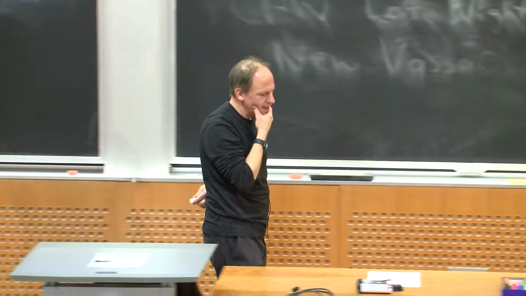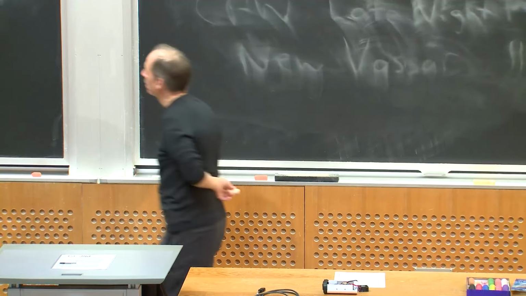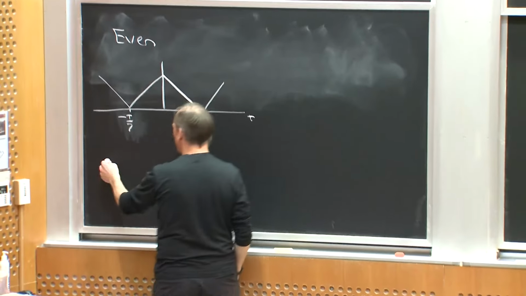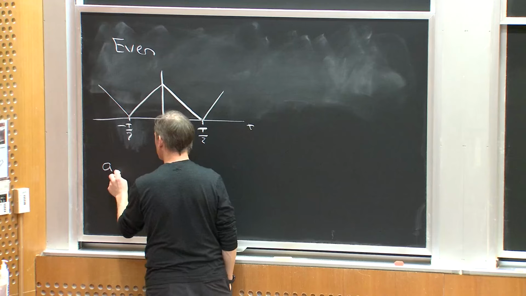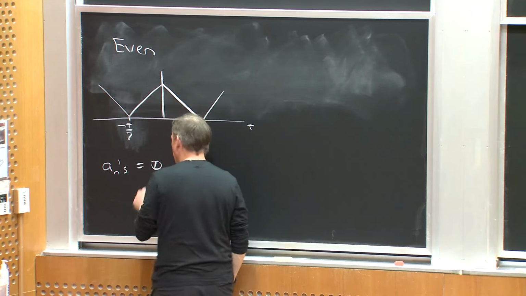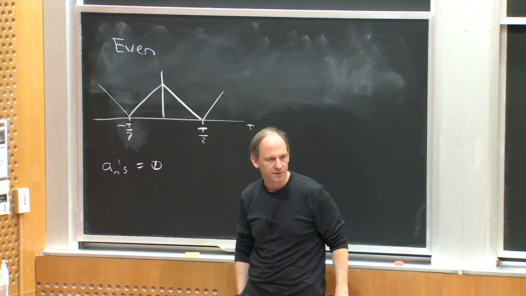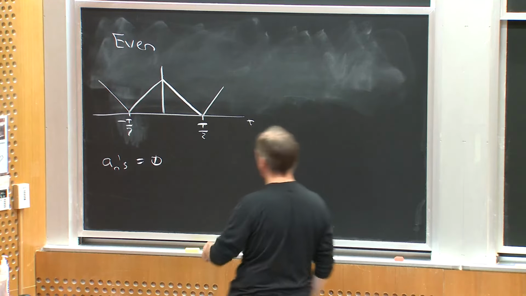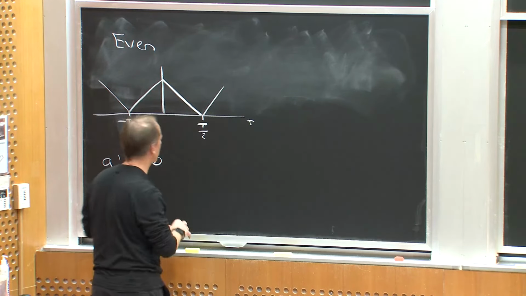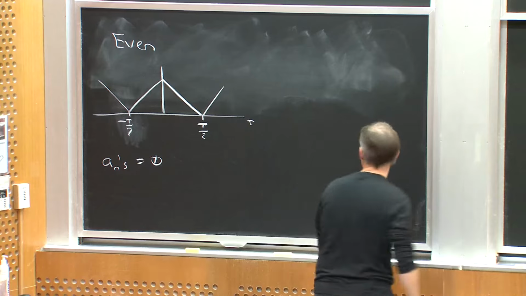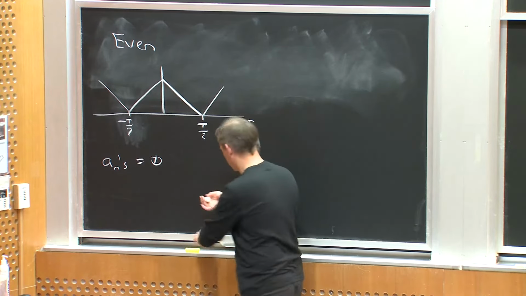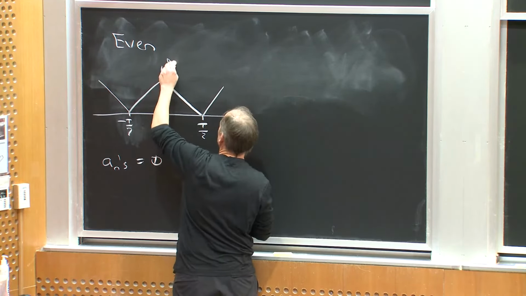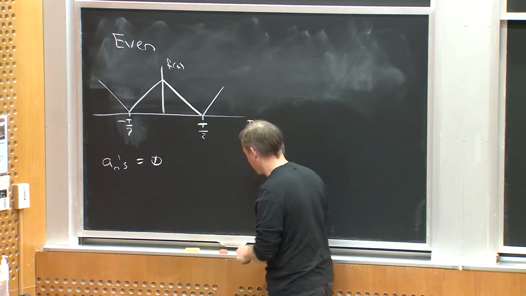Well, why might I care about an even waveform? Because all the a sub n terms are 0 in that case, right? One way to think about that is, how do I find the a sub n terms? I take f of t, and I multiply it by sine n omega t.